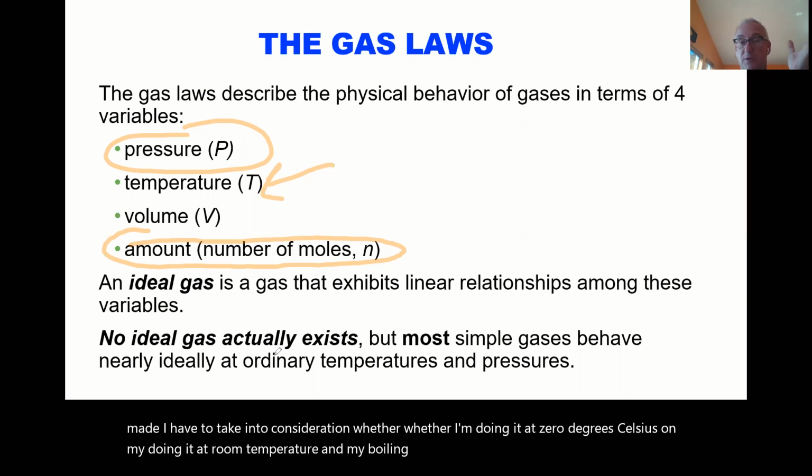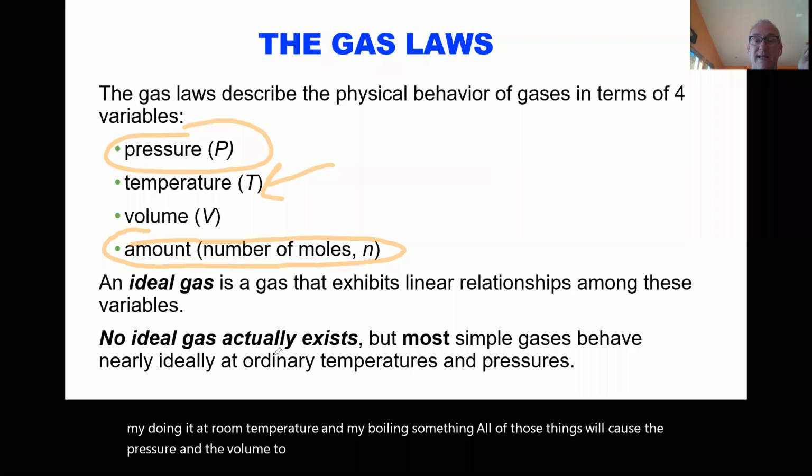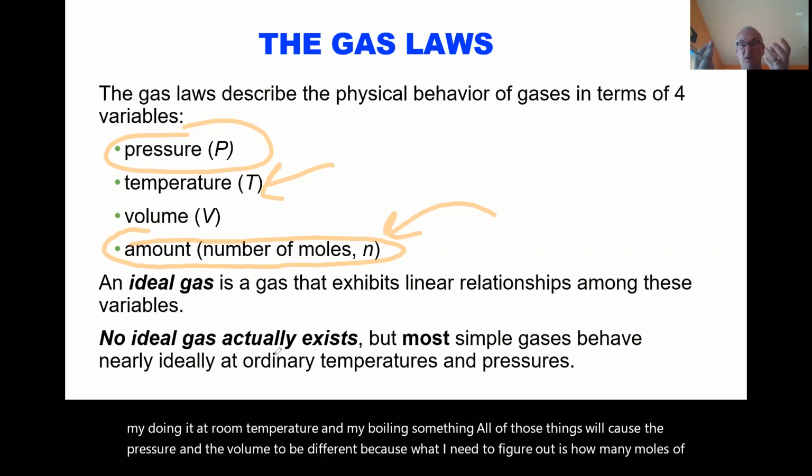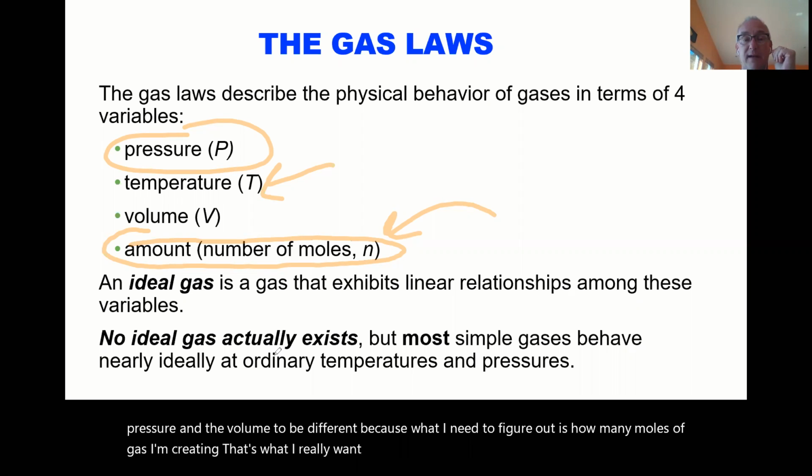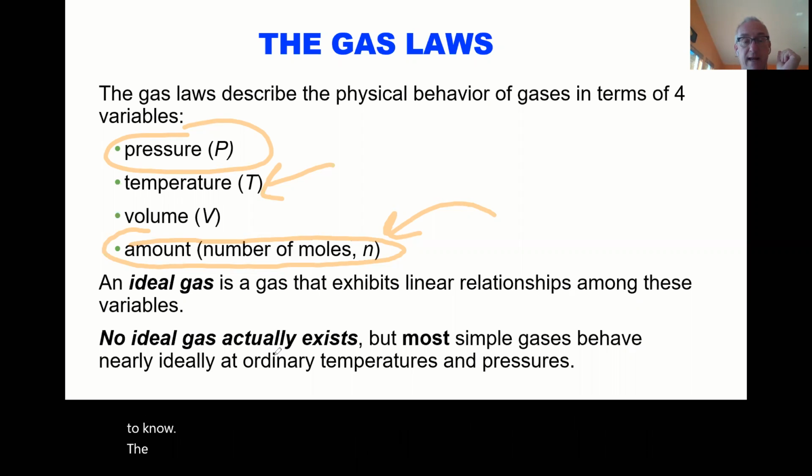All of those things will cause the pressure and the volume to be different, because what I need to figure out is how many moles of gas I'm creating. That's what I really want to measure when I'm doing an experiment. I need to know the amounts that I'm creating.